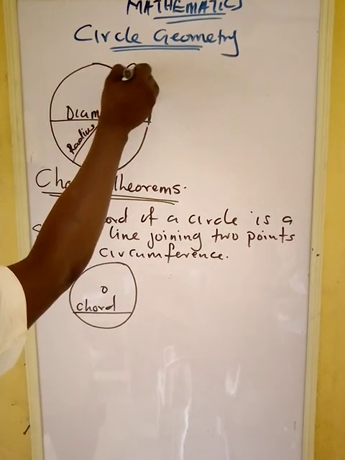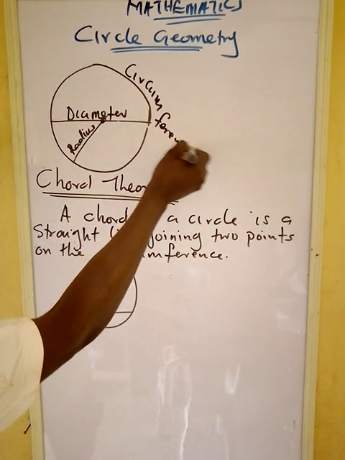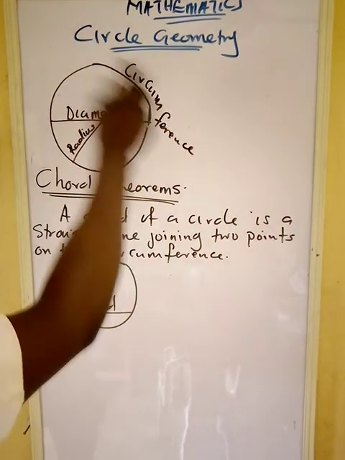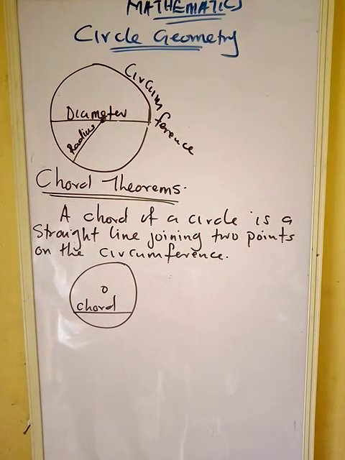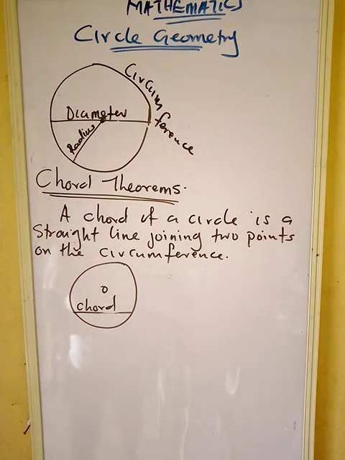And the surroundings of the circle, we call it the circumference. And a line that divides the circle into two different sides, we call it a chord. So let us move to theorem 1.